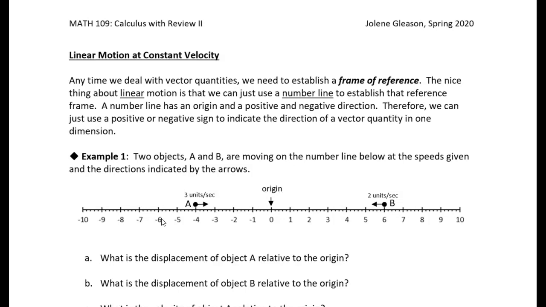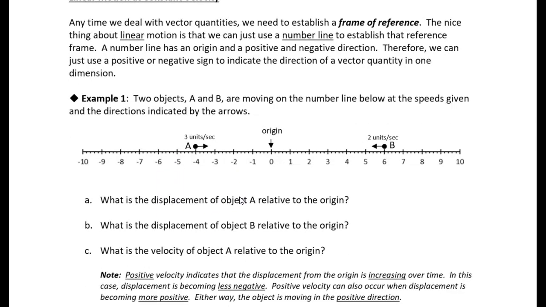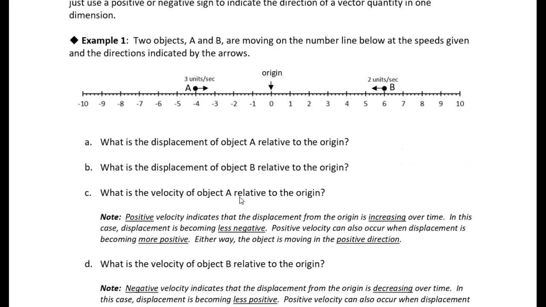Okay, so if we take a look at this number line here, we have an example with two objects. These seem like pretty straightforward questions, but I just want to get you used to this concept of displacement. So object A, this point right here, its displacement from the origin is 4 units to the left.